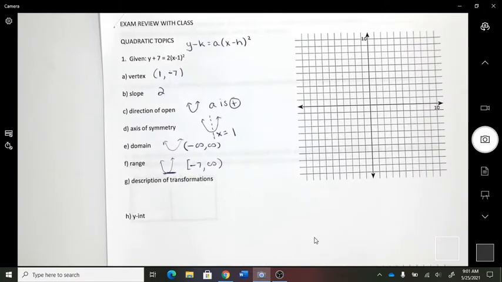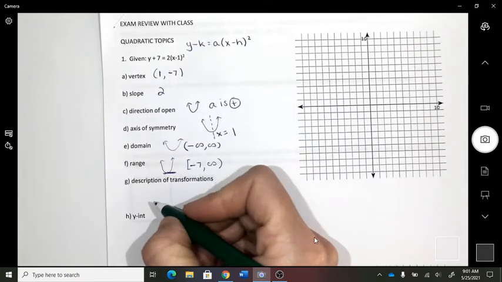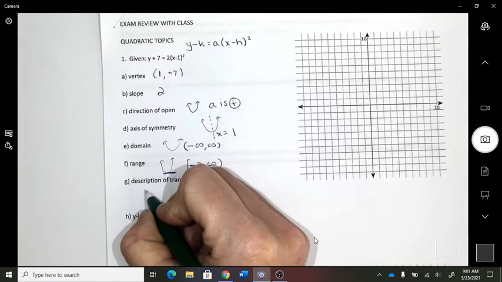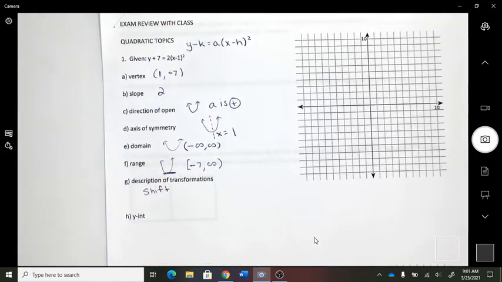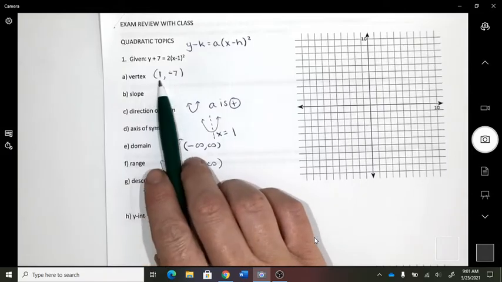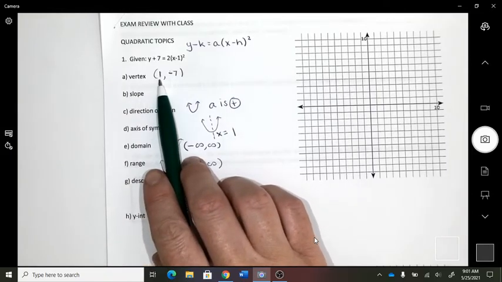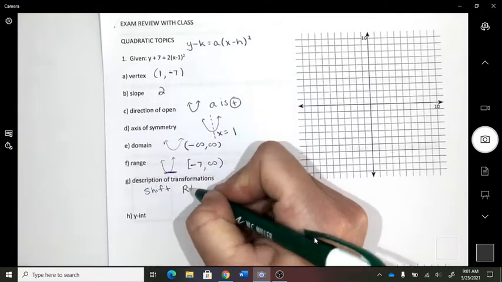Okay, how does this transform? There's a shift. Which direction does it shift? Left, right, up, or down? Well, obviously, if my vertex is over at 1, it would have shifted right 1.